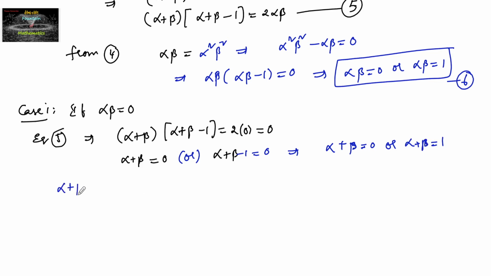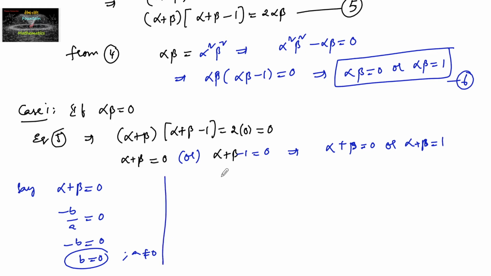Say if alpha plus beta is equal to 0, then what is the sum of the roots? Minus b upon a is equal to 0. So which implies that minus b is equal to 0, or b is equal to 0, since a cannot be equal to 0.